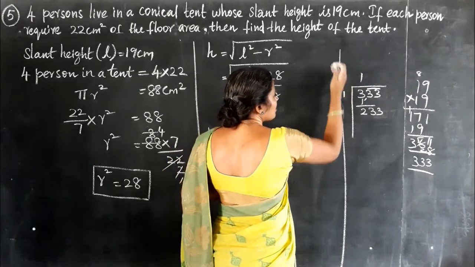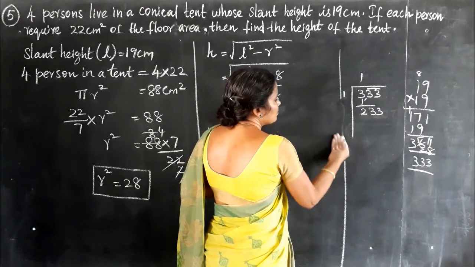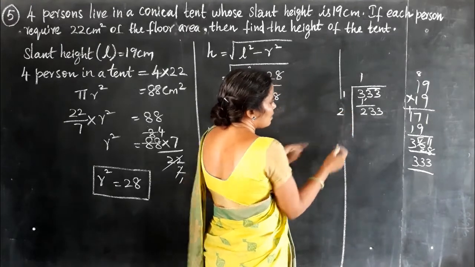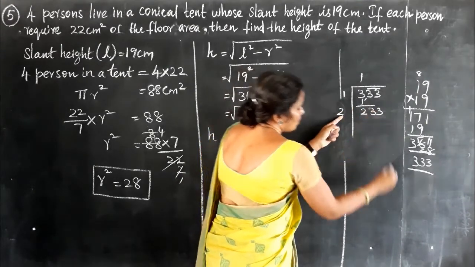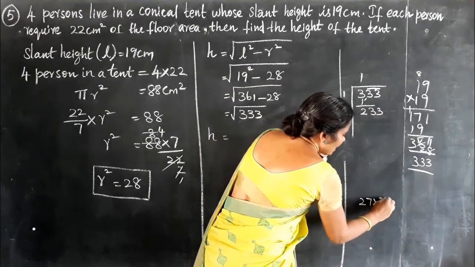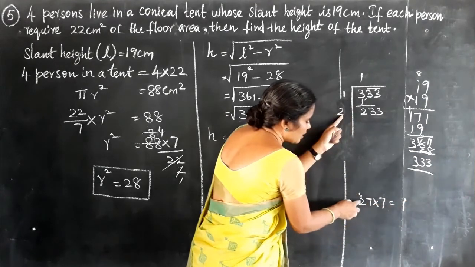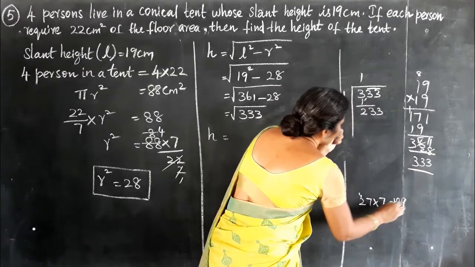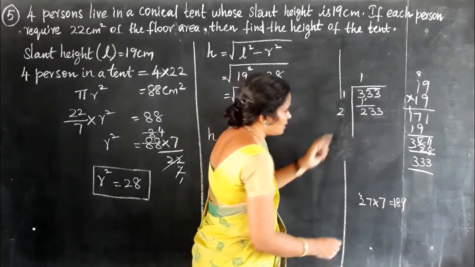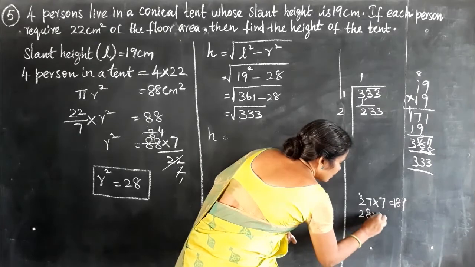So 2. If you multiply with 7, 7 7s are 49, remaining 4, 7 2s are 14, 14 plus 4, 18. So it is less than 233. So we can try with 8.